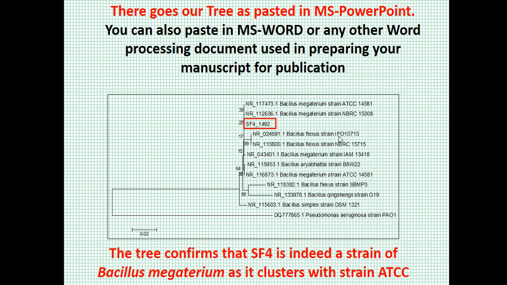So these are the closest relatives of our Bacillus megaterium. To estimate our evolutionary distances, each of these lines represents 0.02, and you can see that our tree is rooted to Pseudomonas aeruginosa because it clusters out from the Bacillus group, which is very good for phylogenetic analysis.